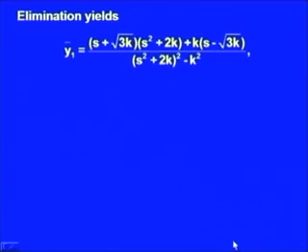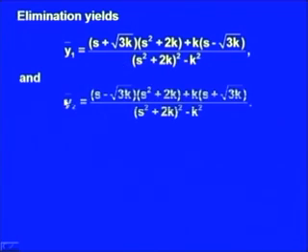And when we eliminate the variable y2 bar here, we get y1 bar equal to (s plus root 3 k) into (s² plus 2k plus k) times (s minus root 3 k) over (s² plus 2k) whole square minus k square, and y2 bar comes out to be (s minus root 3 k) into (s² plus 2k plus k) times (s plus root 3 k) over (s² plus 2k) whole square minus k square.